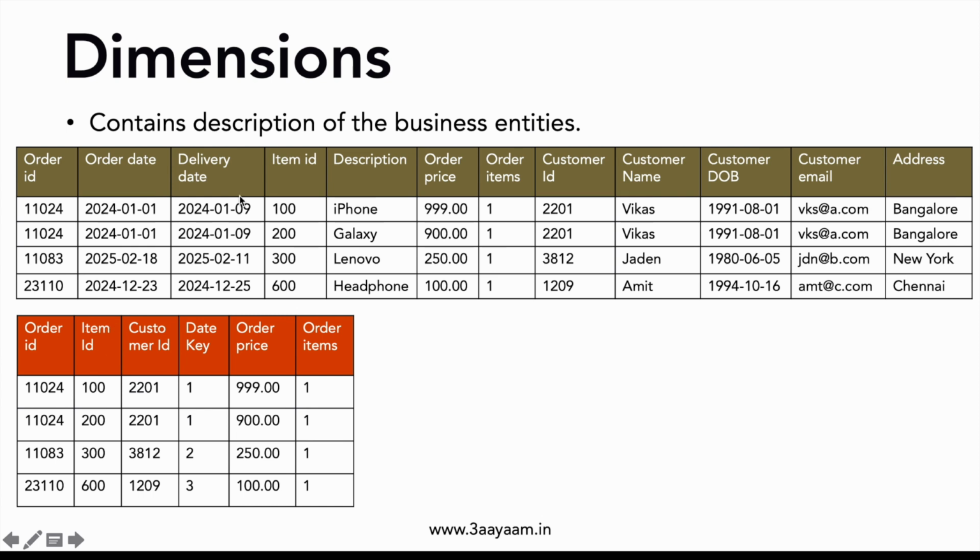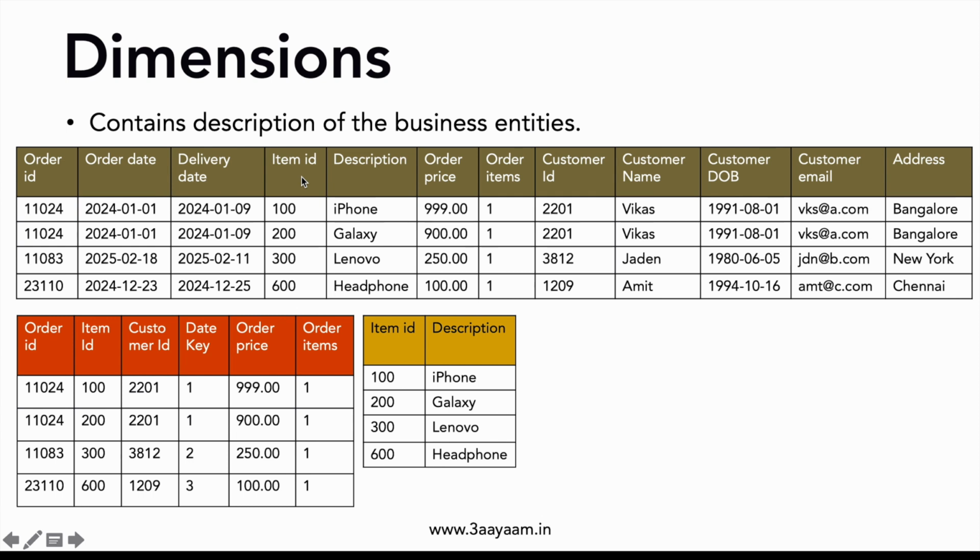Now, item ID would point to the item table. Customer ID would point to the customer table, which would contain the description of the customer. Date key would point to the date table, which would describe the date. And all the other entities related to item, customer, and date would be put in dimension tables.